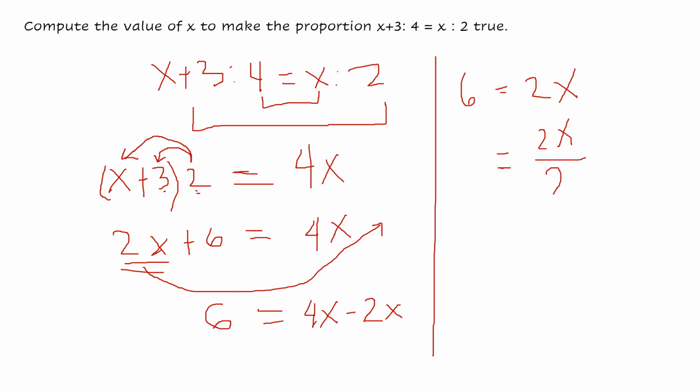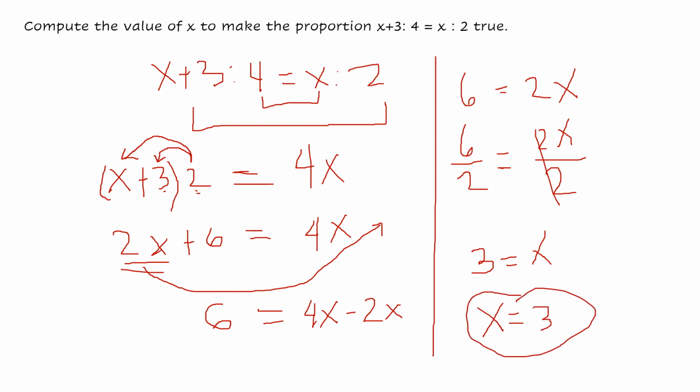So we have to divide all sides by 2. So divide also 6 by 2, and you get 3 equals x. Or interchanging the positions of 3 and x, we get x equals 3. So the value of x to make our proportion correct is 3. That's the answer.